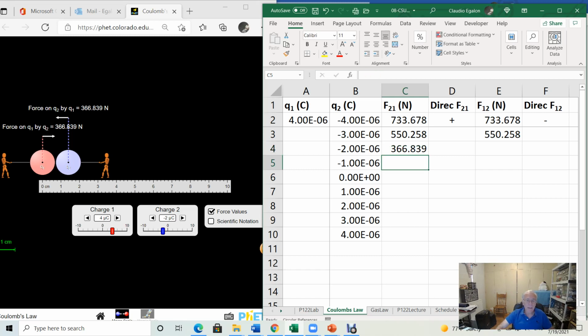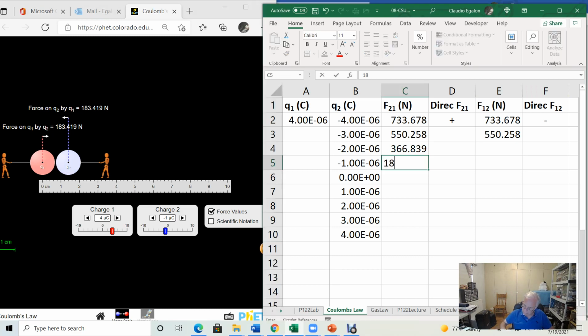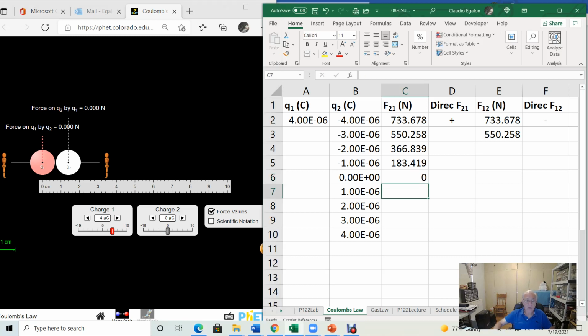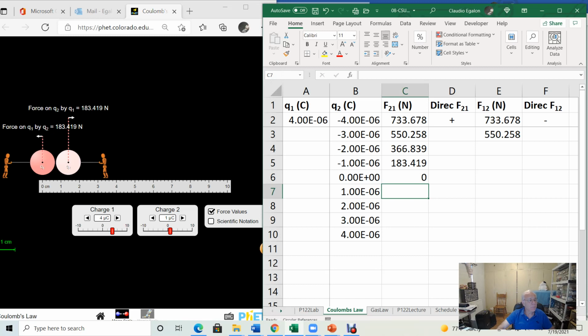Minus 1, I can type it later on, right? Minus 1 is going to be 183,419. 183,419. With charge 0, the force is going to be 0. If the charge is neutral, the electric force is going to be 0. 1 microcoulomb: 183,419.